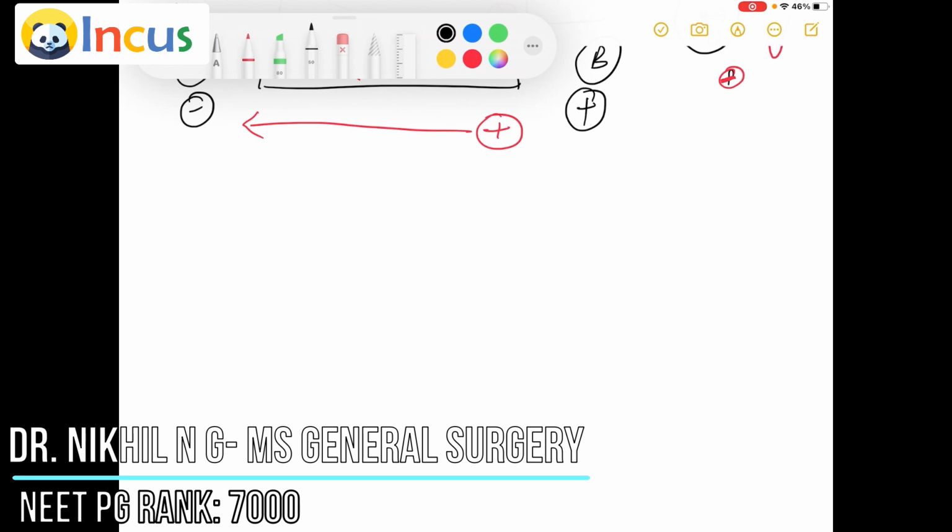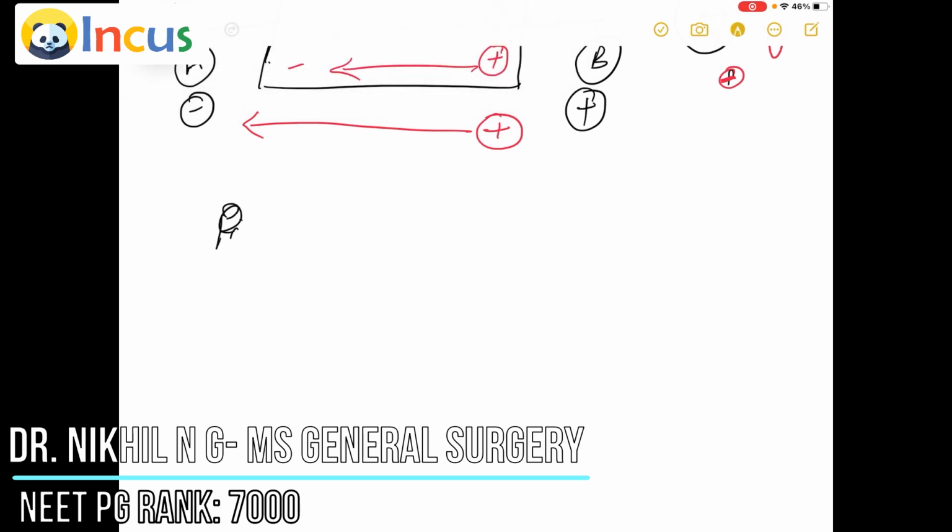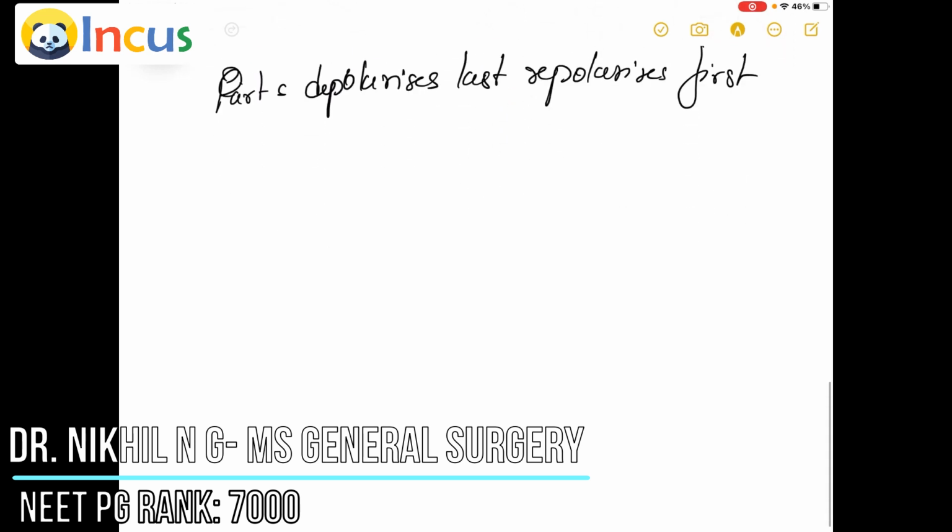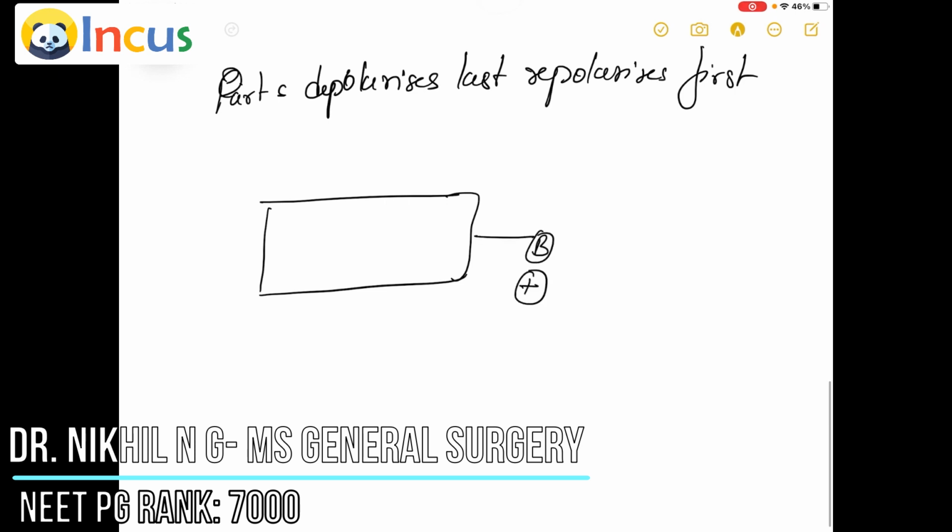Now we shall see what happens during repolarization. Before that, we all know that in cardiac tissue, the part which depolarizes last repolarizes first. Applying this here, this is the cardiac tissue, B or ventricular end, A or nodal end, ECG machine with positive and negative terminals.